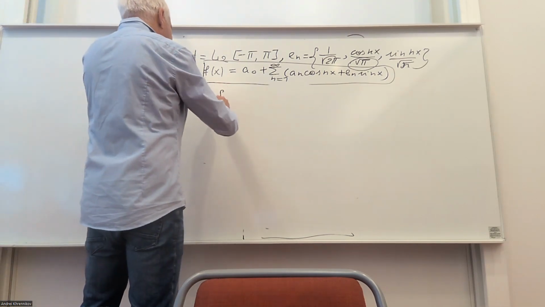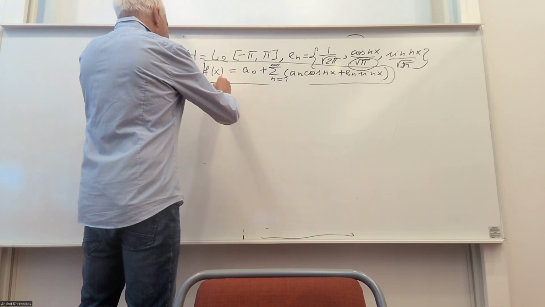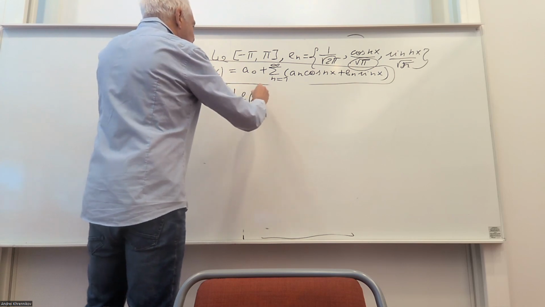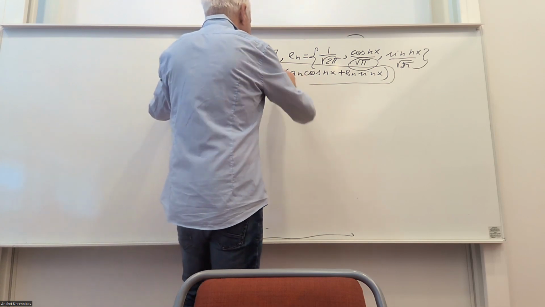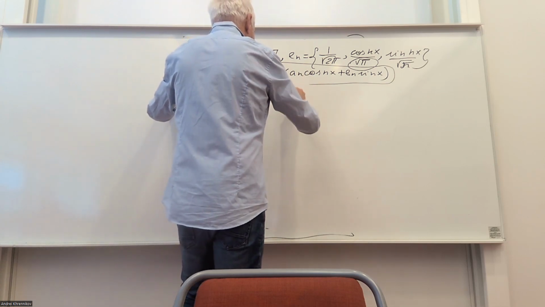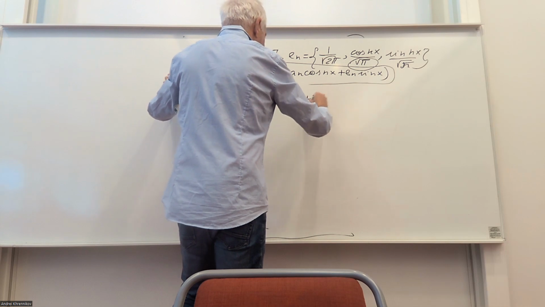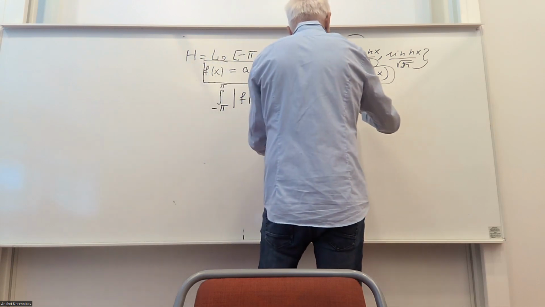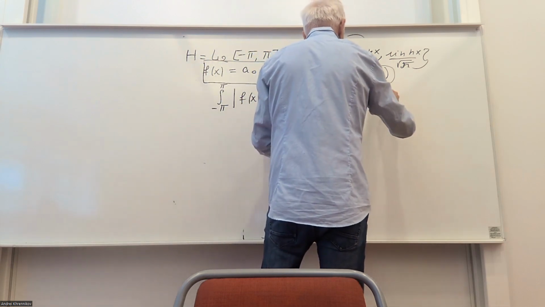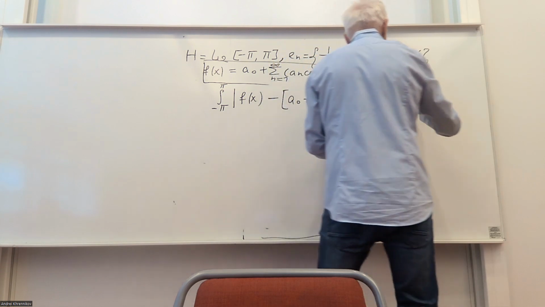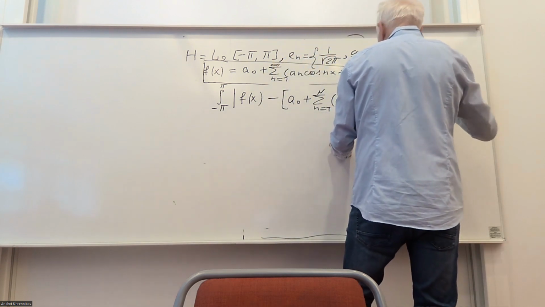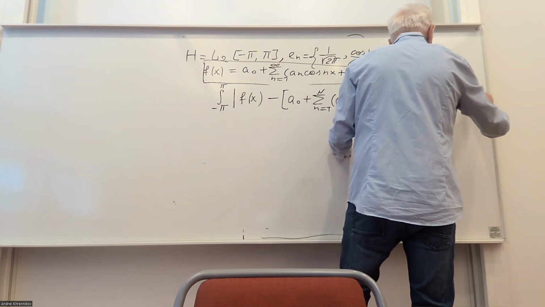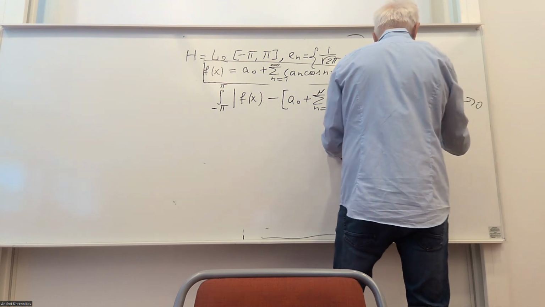We have the integral from minus pi to pi of f(x) minus the partial sum of this series, so A0 plus the sum for n from 1 to N of an cosine nx plus bn sine nx, squared, dx, and this goes to 0 as N goes to infinity.